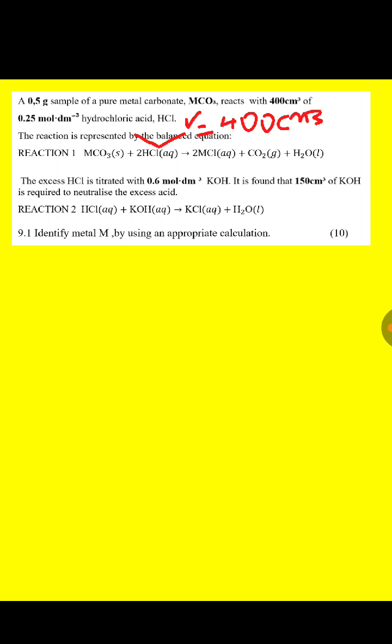And I am given the concentration of HCl, 0.2. That is for HCl. Now for the other substance, I'm only given 0.5 grams.